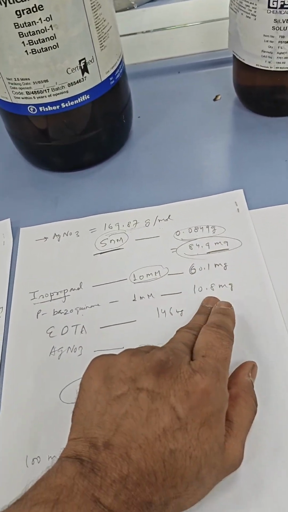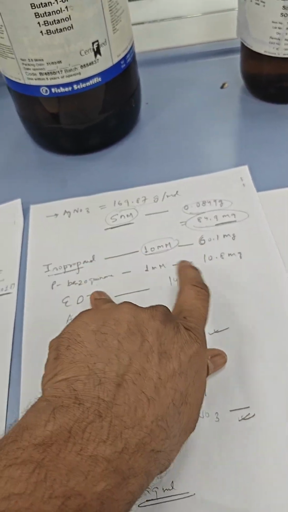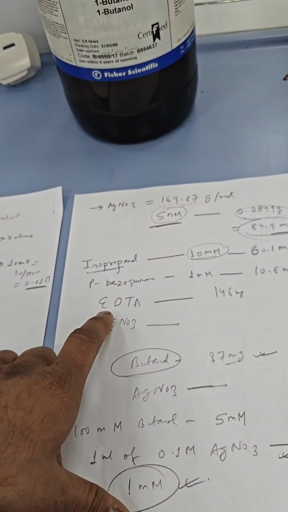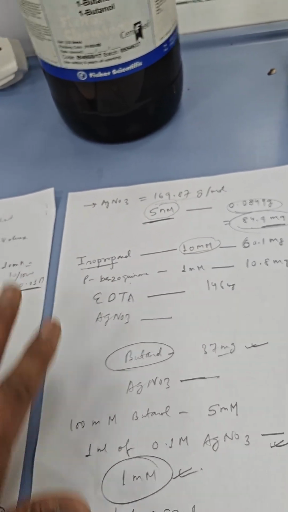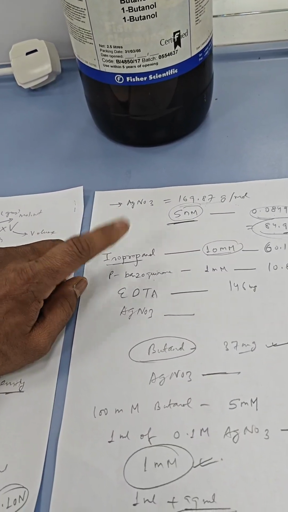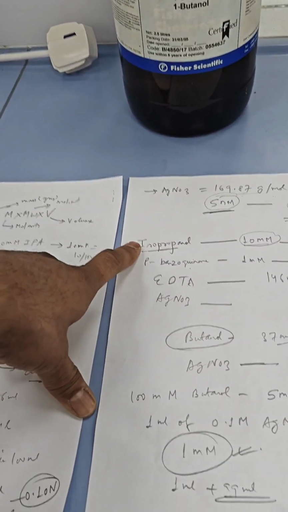We will take 10.8 milligram in terms of weight, so this will be 1 millimole. So we will take 1 ml of this 1 millimole and then add 99 ml. Similarly with the EDTA, we will follow the same thing as with the isopropanol or whatever scavengers we are taking. If we don't have isopropanol, we can take butanol also, or butyl methyl ether also we can take. But the best recommended as per literature is isopropanol or butanol.